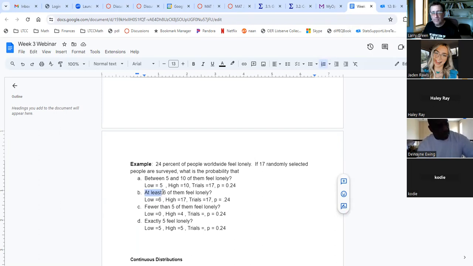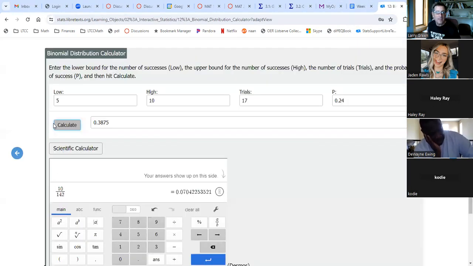So again, it's really important to interpret the words. The low will be 6, the high will be 17, with the same trials and the same P. So now we go 6 and 17 for the low and the high, and I calculate, and it's about a 20% chance. Any questions on that?